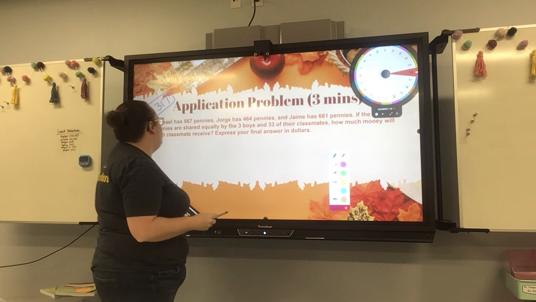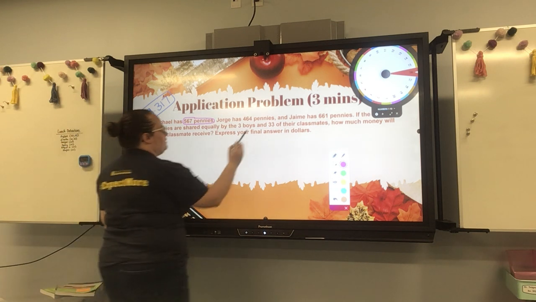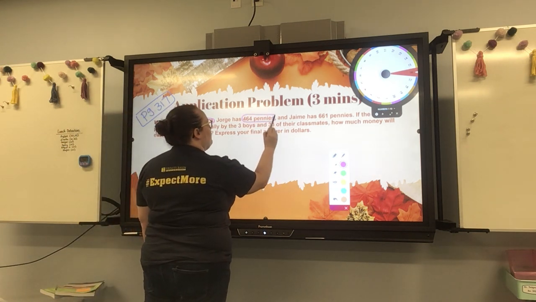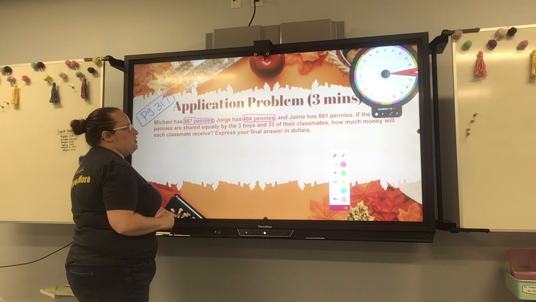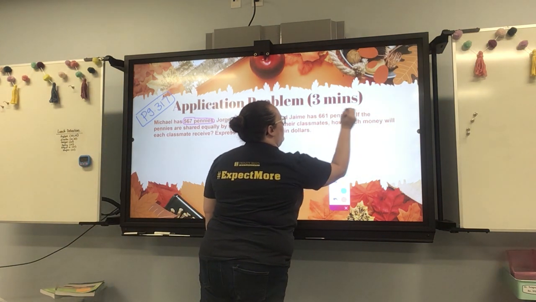It says, Michael has 567 pennies. Jorge has 464 pennies. And Jamie has 661 pennies.